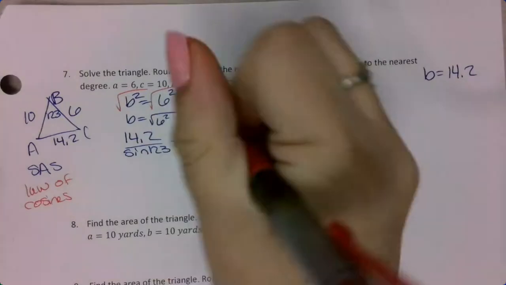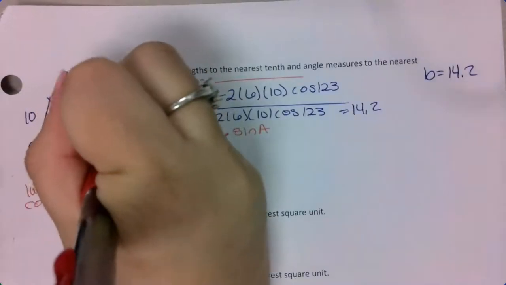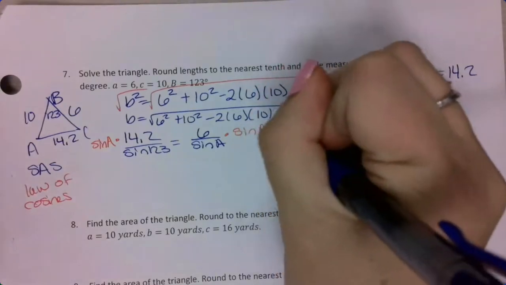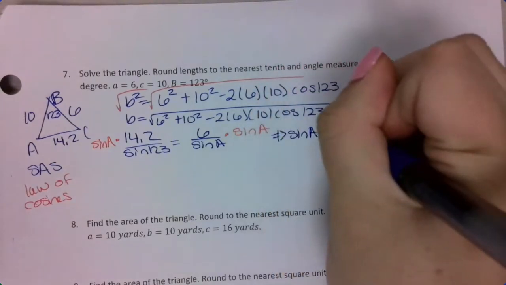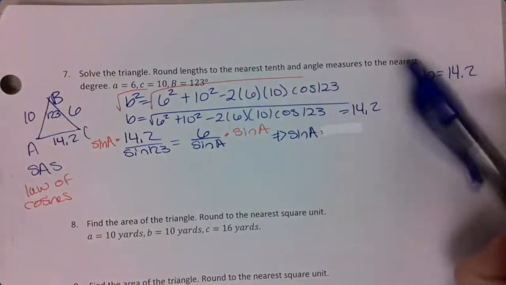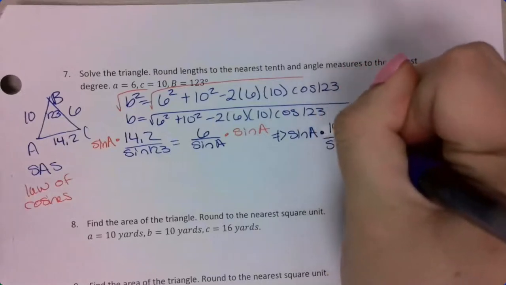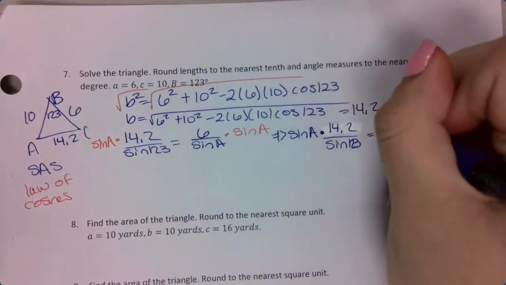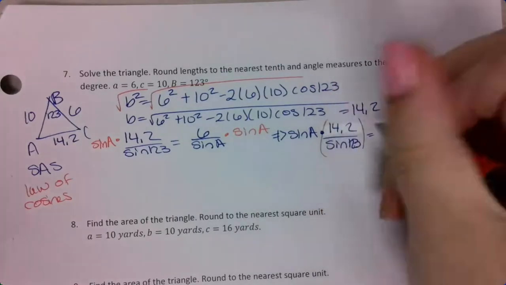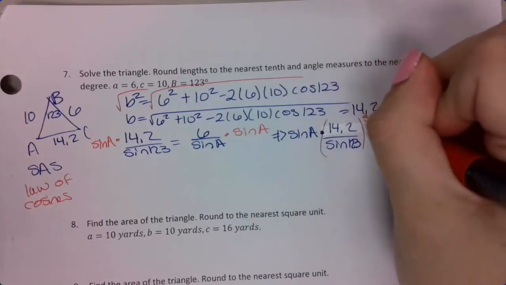Then I want to isolate my variable, so I'm going to multiply both sides by sine of A. If I rewrite this, I have sine of A equals 14, nope, this is being multiplied, times 14.2 over sine of 123 equals 6. I want to get rid of that fraction, so I'm going to multiply the reciprocal on both sides, sine of 123 over 14.2.